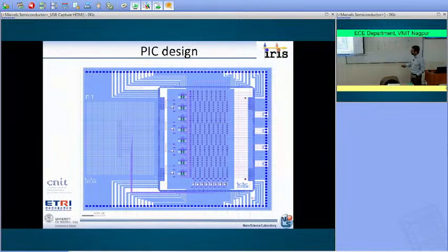And then here you see all the input and output gratings. And what you realize, or at least I hope you realize, is the space that the input and output gratings take in your design. So you have a lot of space that is only used in order to handle the input and output gratings. You know why we need so much space here?